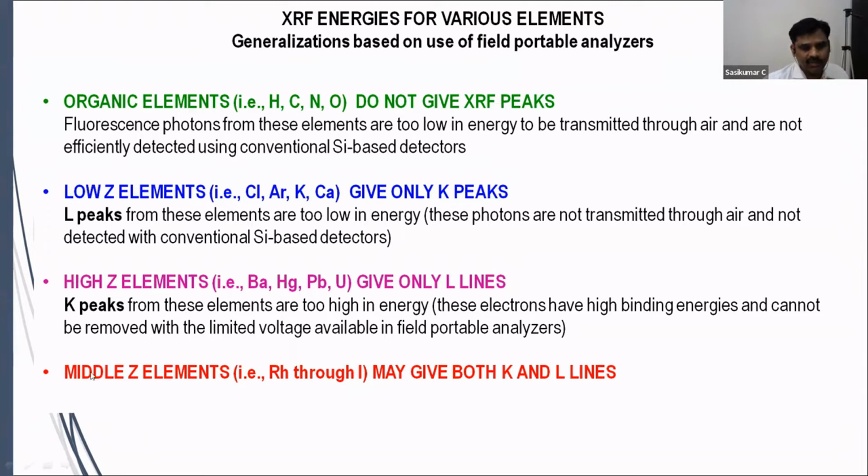In the case of middle atomic number elements, you get both K lines as well as L lines. So what we need to remember is that K lines and L lines will be visible: K alpha, K beta, L alpha, L beta. For low atomic number elements, you can see only K alpha and K beta lines. For high atomic number elements, you will see L alpha and L beta lines. And for middle elements, you will see both.